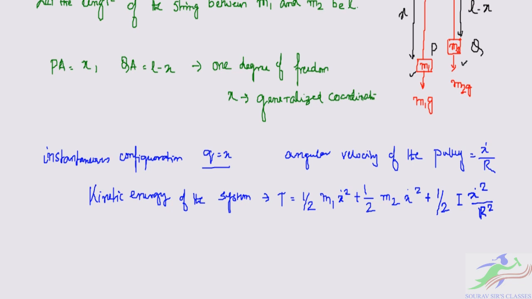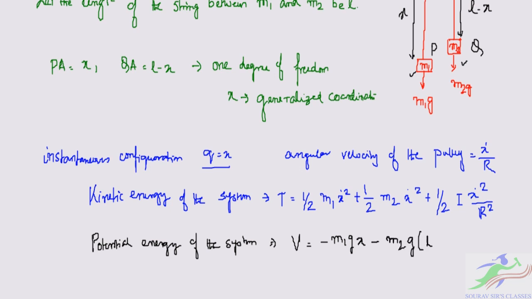So the potential energy of the system is given as V equal to minus m1 g x minus m2 g (L minus x).